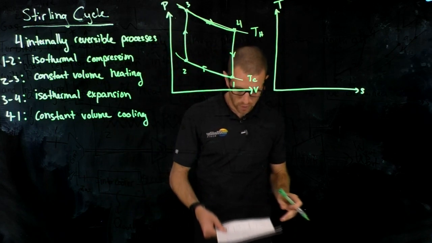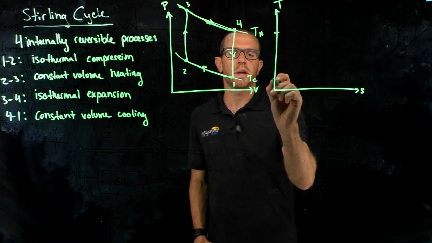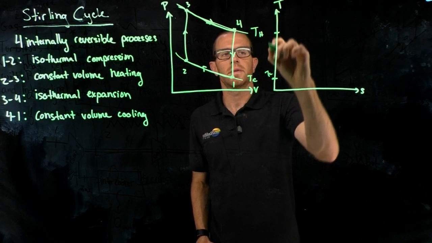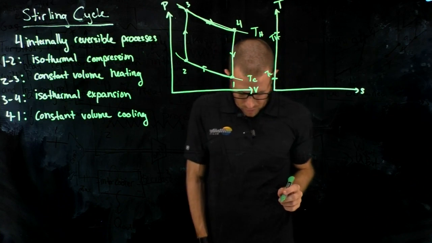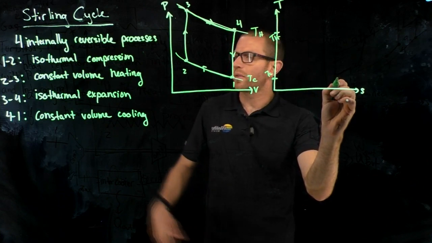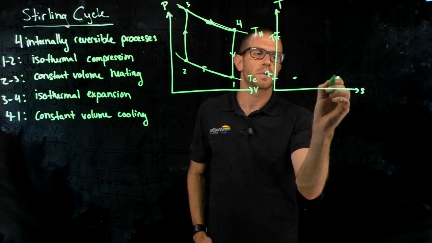All right, so my TS diagram, again, I'm going to have constant temperatures TH and TC. So my first one is isothermal compression. So as I compress, my entropy is going to go down.